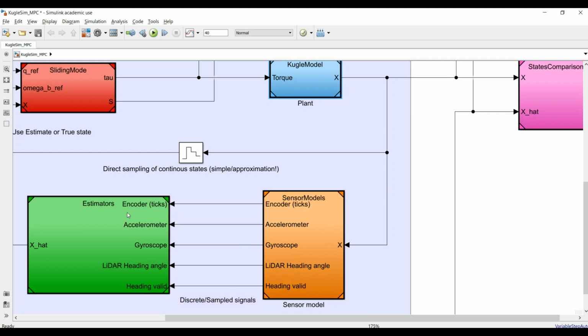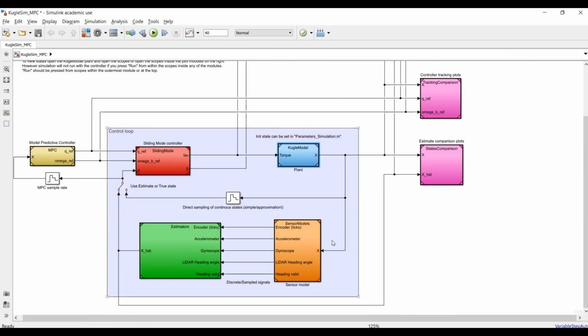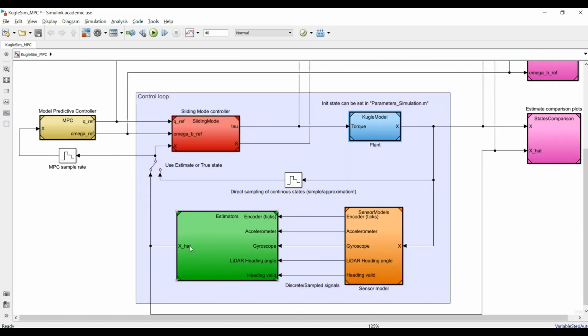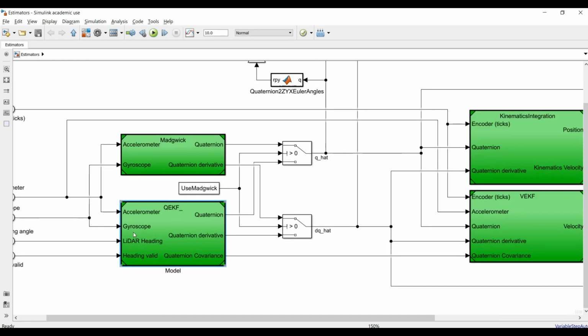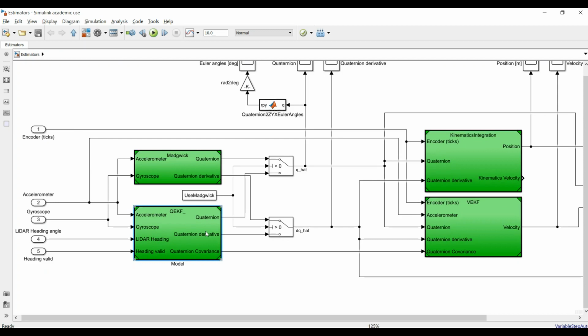And this is fed into the estimator block here to the left, which is a combination of several extended Kalman filters. The main one is the quaternion extended Kalman filter that takes in the accelerometer measurements, gyroscope measurements, and LiDAR angle, and outputs a quaternion and quaternion derivative estimate.